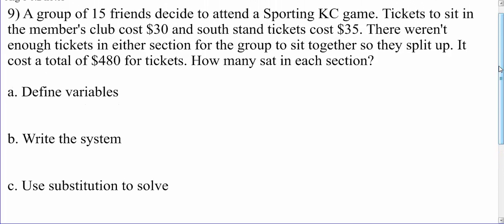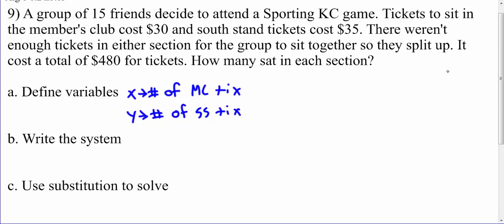All right, so to find variables, in this particular problem, we've got two variables. One is the number of tickets in the members club, so I'm going to abbreviate that and say the MC tickets. And then y could represent the number of tickets in the South Stand, so I'll just do number of SS tickets.